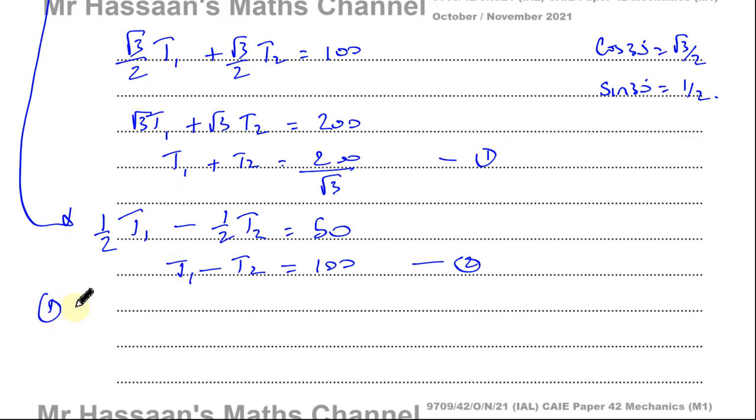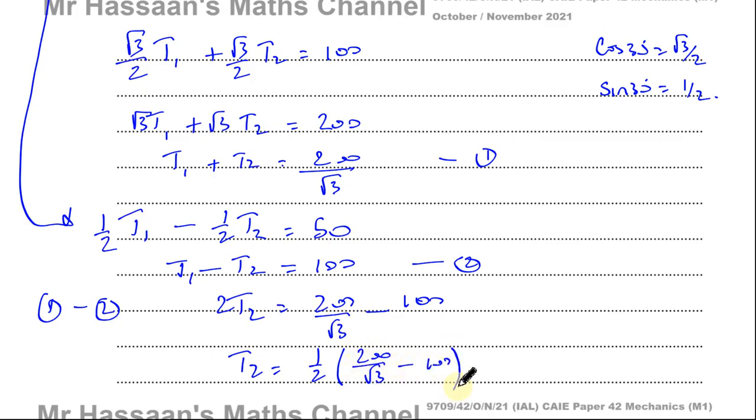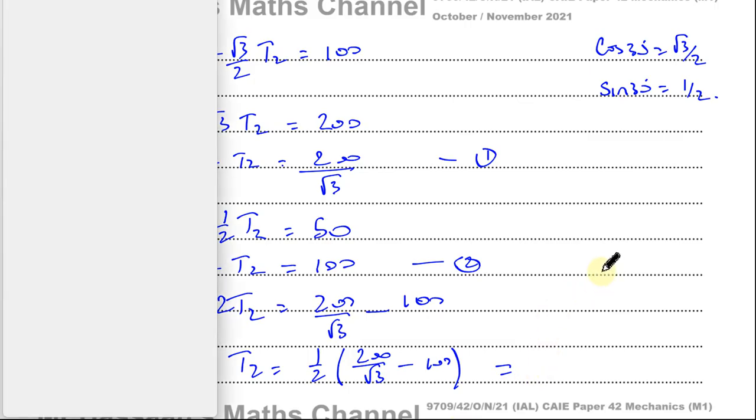So if I do equation 1 minus equation 2, T1 minus T1 is 0, and T2 plus T2 is 2 times T2, which is equal to 200 over root 3 minus 100. So T2 is going to be a half times 200 over root 3 minus 100, and that should give me my answer. I've tried to keep things in exact form until the end, just to keep my answers more precise.